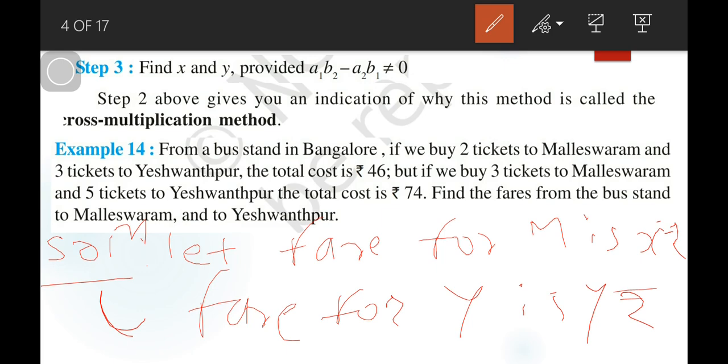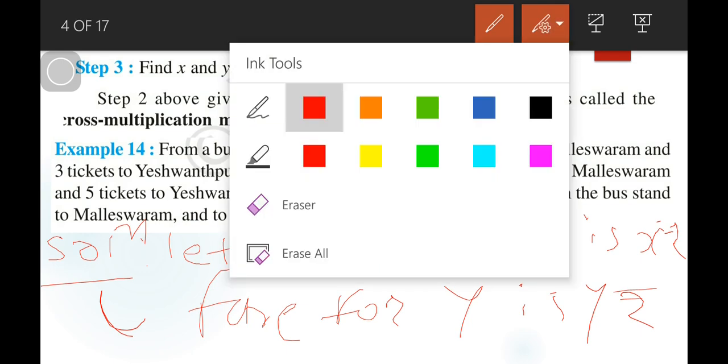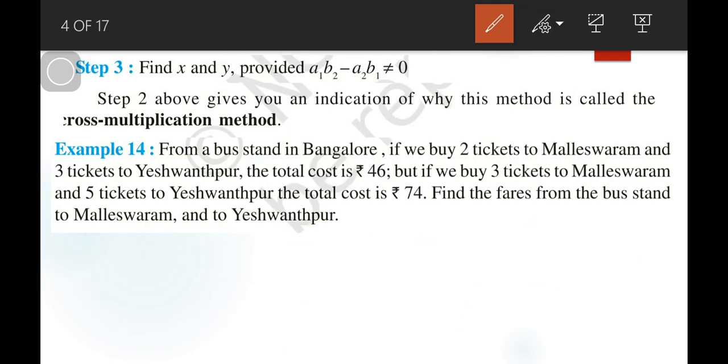Now from the first line, 2 tickets to Malleshwaram and 3 tickets to Yeshwantpur, the total cost is 46, means first equation is 2x plus 3 tickets of Yeshwantpur, the cost of 3 tickets is 3y, which is equal to 46.